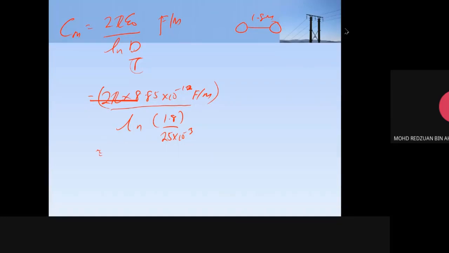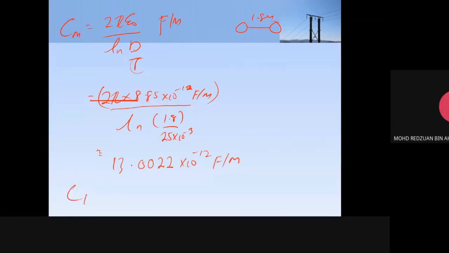Okay. 2 times pi times 8.85 exponent minus 12 divided by ln 1.8 divided by 25 exponent minus 3. You will get this value, 13.0022 times 10 minus 12 farad per meter.